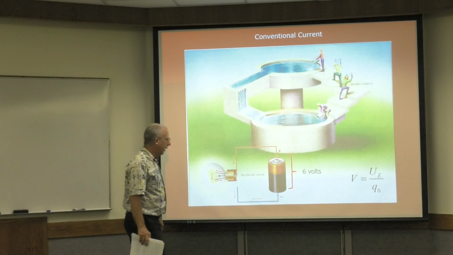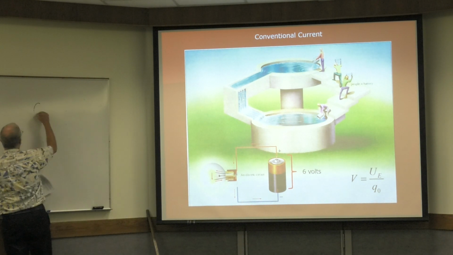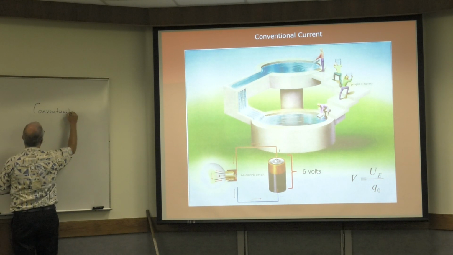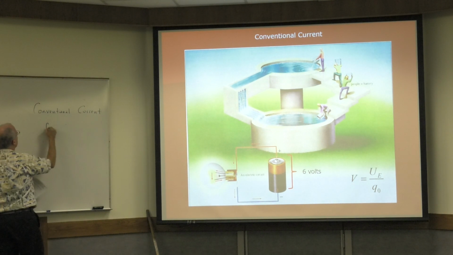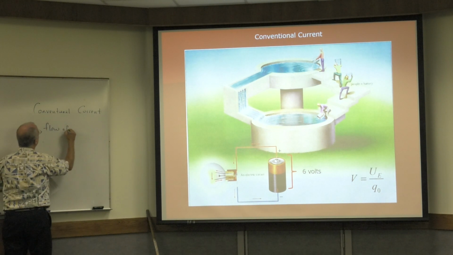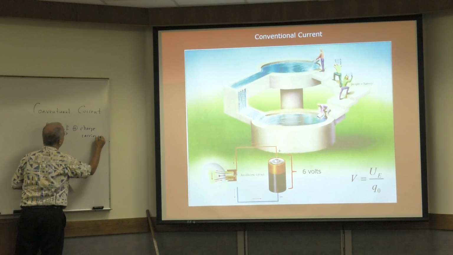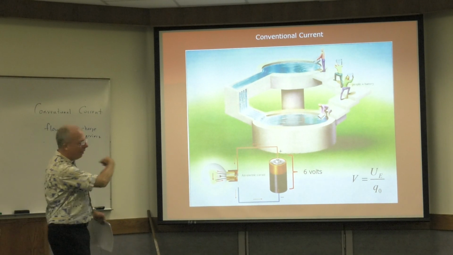and we talk about something called conventional current. So the conventional current is the flow of plus charge carriers. Now, total garbage, come on, it's electrons that flow.